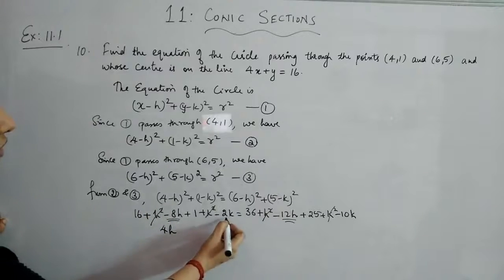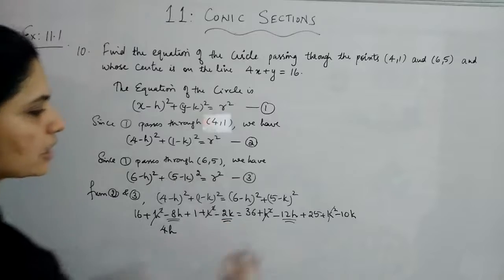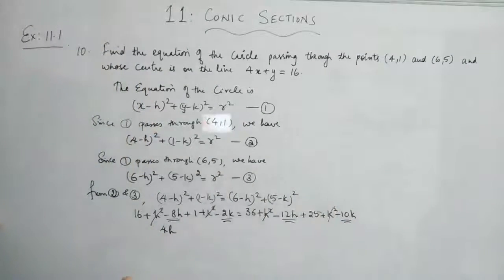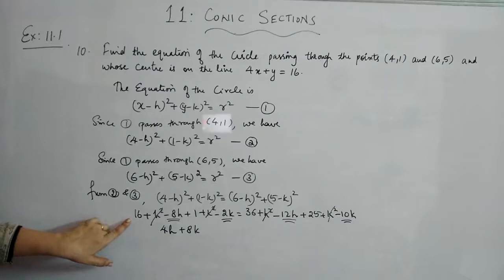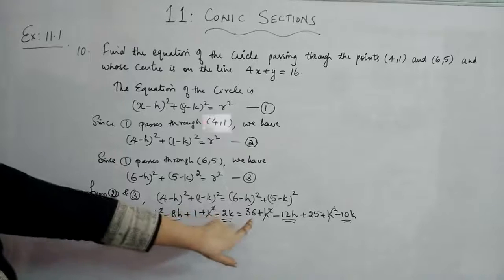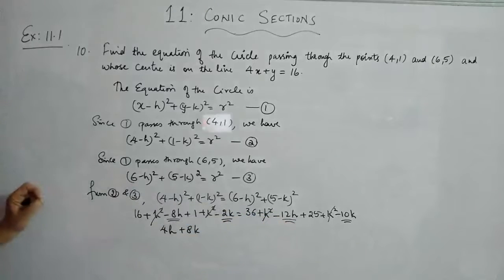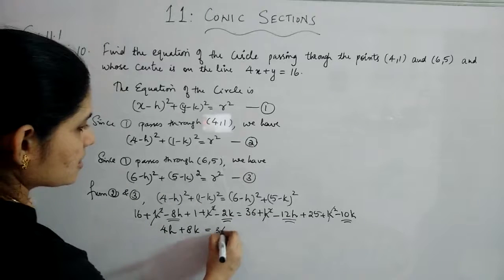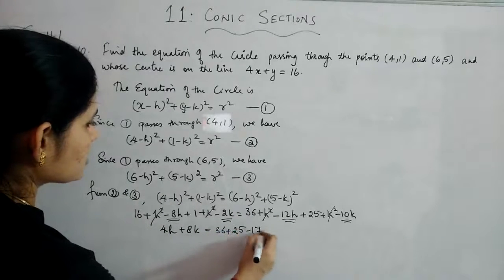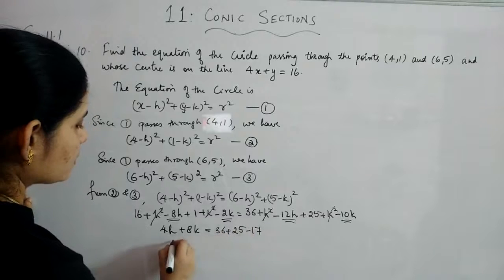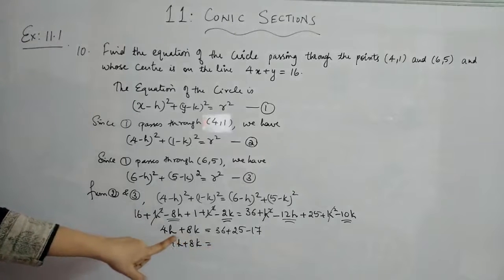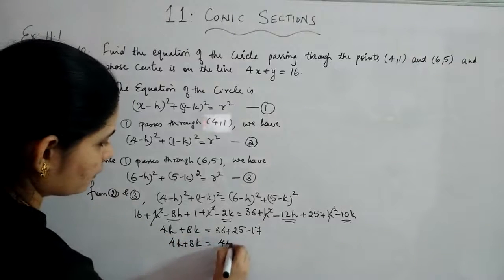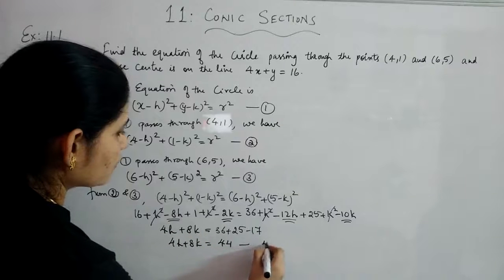Next for the coefficient of k, you have minus 2k here, minus 10k will come here as plus 10k, so that you will get plus 8k, and 16 plus 1 is 17 here. Here you have 36 plus 25, altogether you are getting is equal to 36 plus 25 minus 17. So that you will get 4h plus 8k is equal to how much? It's 44. So this is equation number 4.